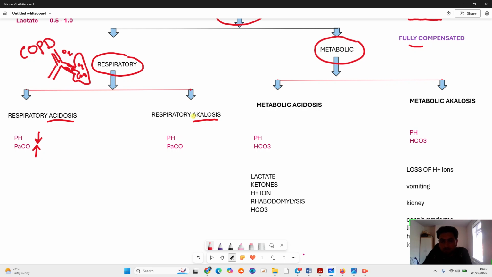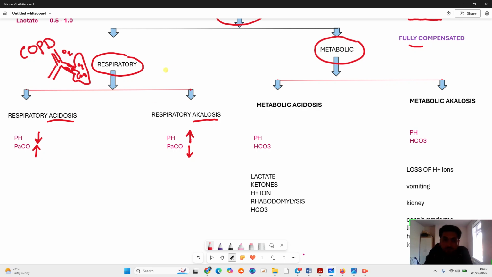But what will happen in respiratory alkalosis? When I'm talking about alkalosis, you have to find that the pH is more than 7.45. So pH is raised. What will happen to carbon dioxide? It will be decreased. How? I will give you one example.